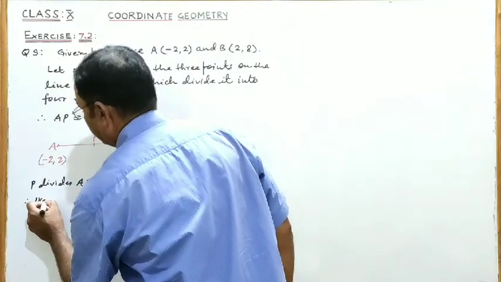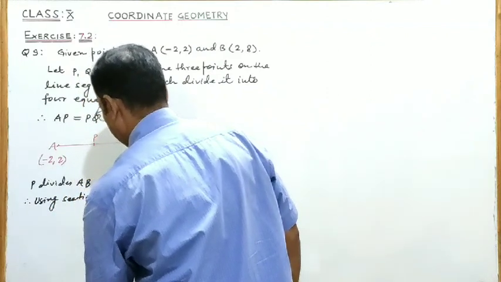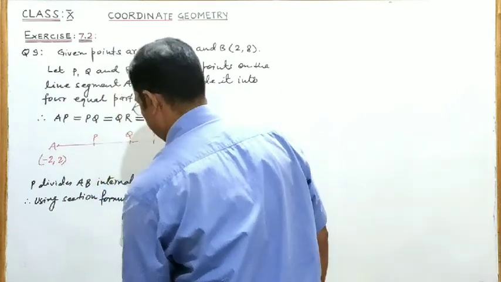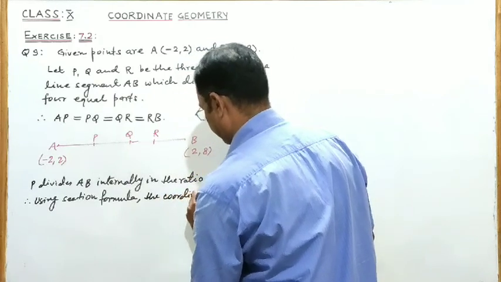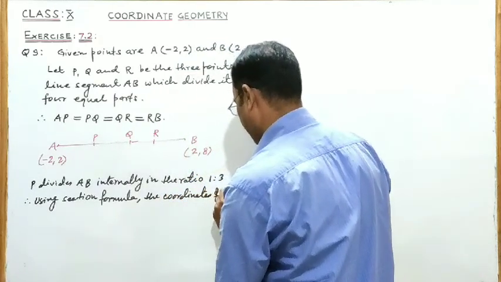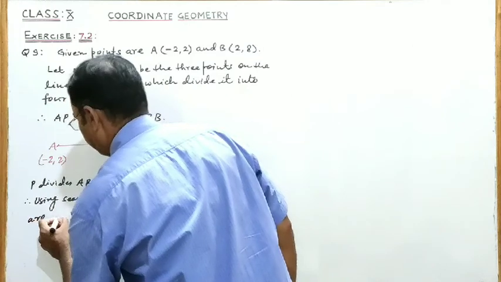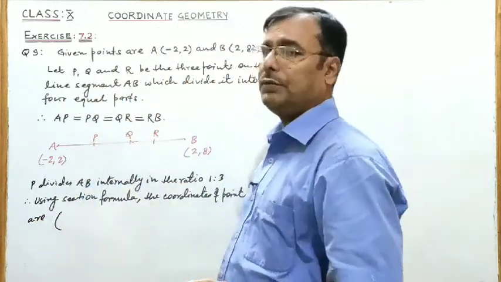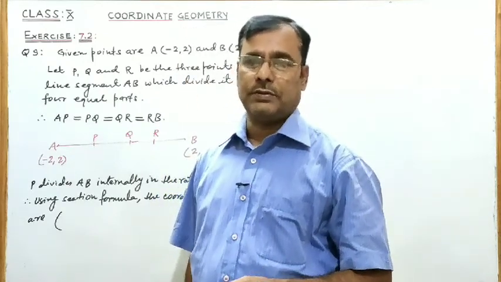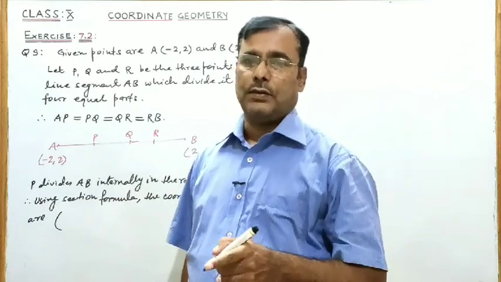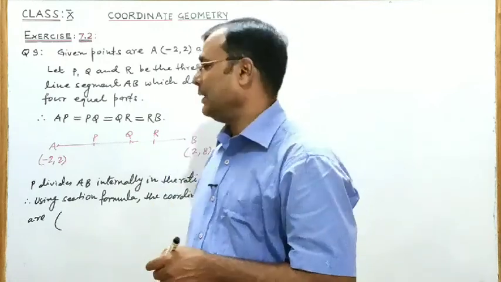Therefore, using the section formula, the coordinates of point P are, now we shall use the section formula: (m1 x2 plus m2 x1) by (m1 plus m2), (m1 y2 plus m2 y1) by (m1 plus m2).